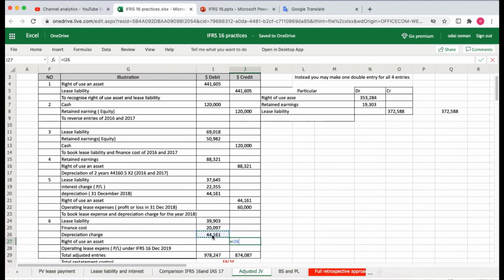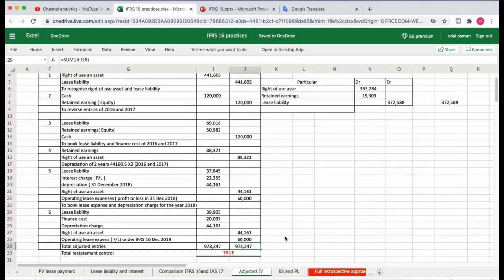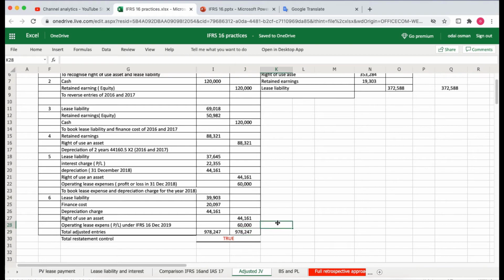And the right of use would be increased because we charge the depreciation from here, and it is equal to this amount plus this amount. We have 60. So eventually we paid this amount.